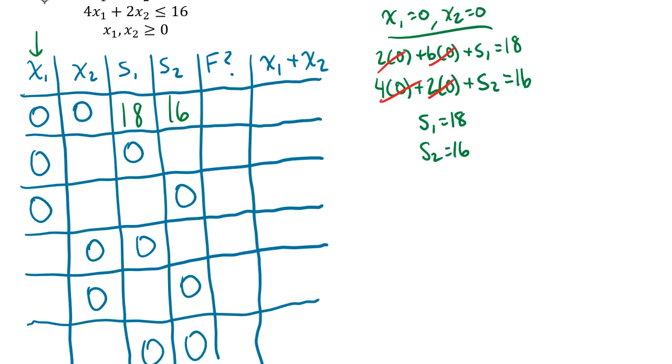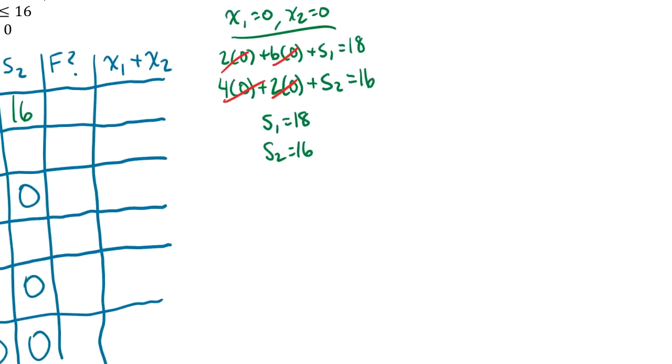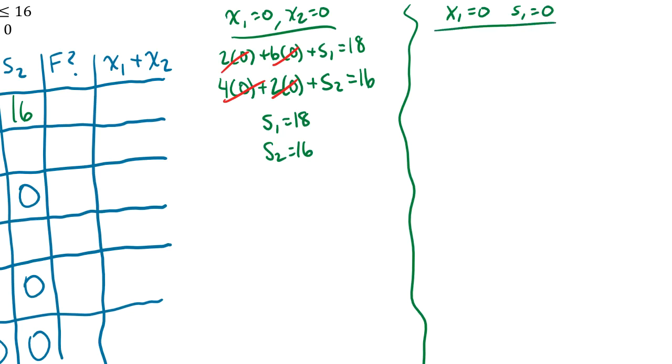So next, we're going to move on to x1 and s1 being 0. So x1 equals 0, s1 equals 0. So if we plug that into our system, we're going to get 2 times 0 plus 6x2 plus 0 equals 18.